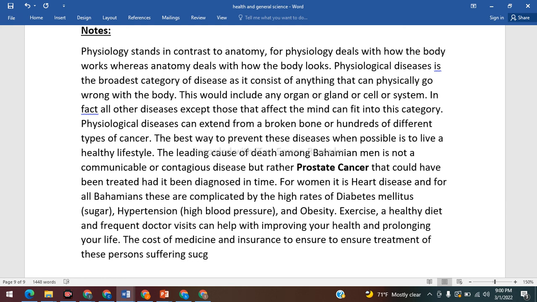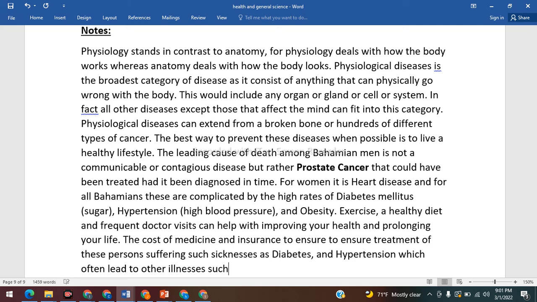Such sicknesses as diabetes, hypertension, and I think about these diseases that when you have them, they often lead to other complications, which often lead to other illnesses, such as what?